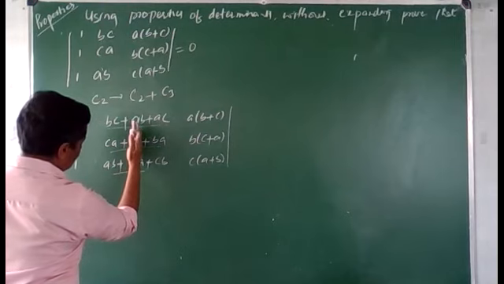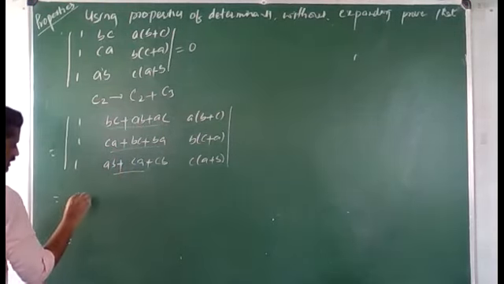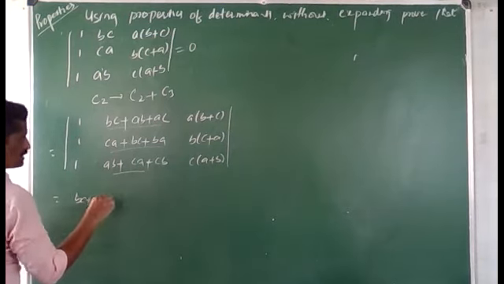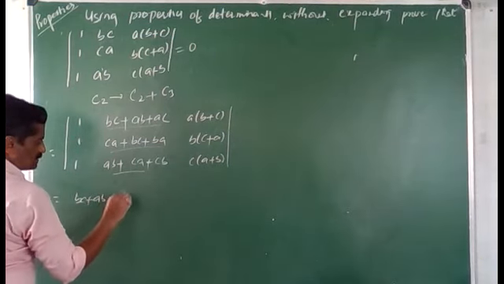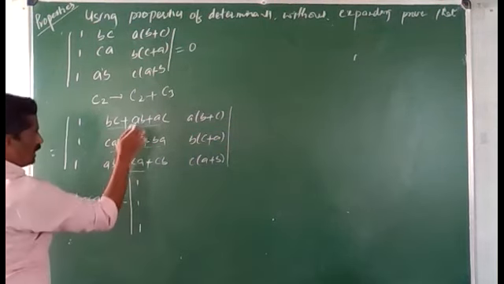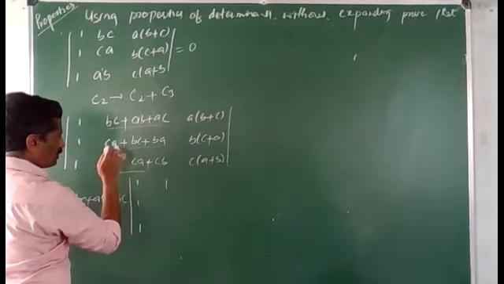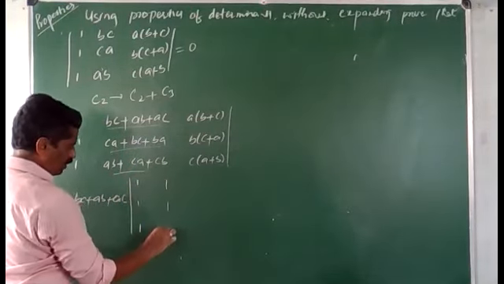from the second column outside. Therefore, that is equal to BC plus AB plus AC into determinant of 1 1 1. Now we have taken the common factor. What is the remaining value? 1 remains.